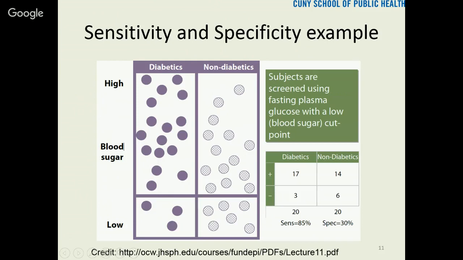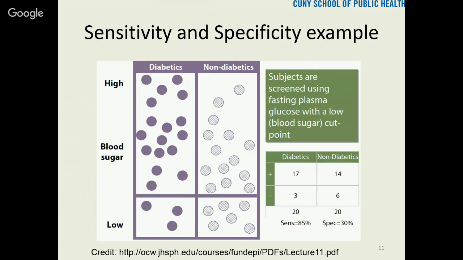Okay, so you're going to call a lot of people diabetics, but you're also going to call a lot of non-diabetics diabetics. So what would you say about this test in terms of sensitivity and specificity? Is that going to be good sensitivity, bad sensitivity? Good sensitivity, yeah. How about specificity, good or bad?